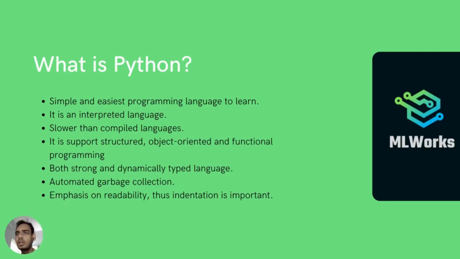It is both a strongly and dynamically typed language. By strong, I mean that when you declare a variable, you have to mention the type of that variable, and Python supports that.